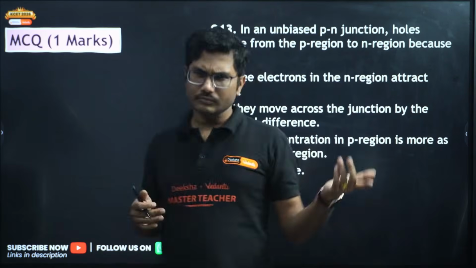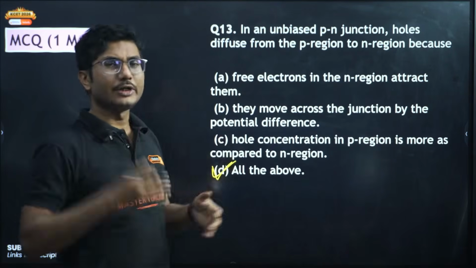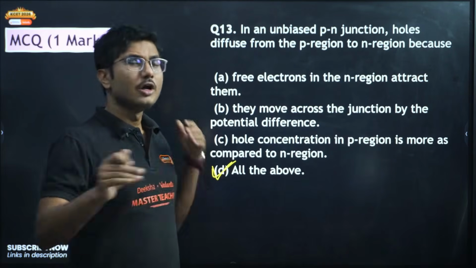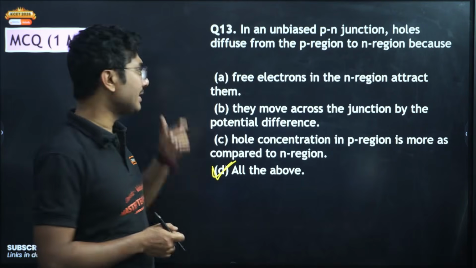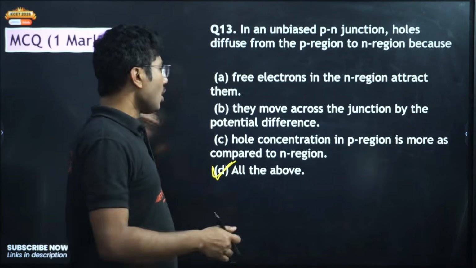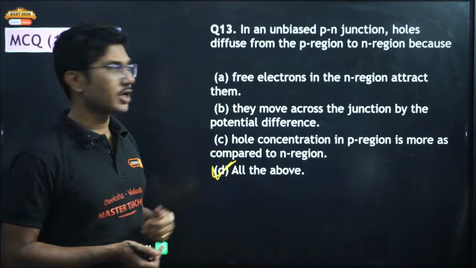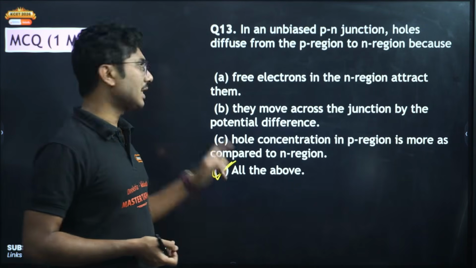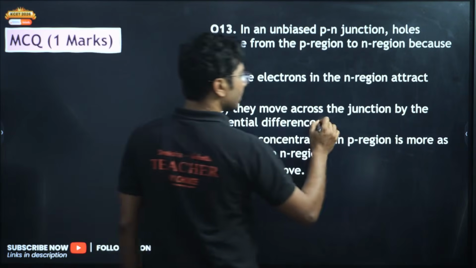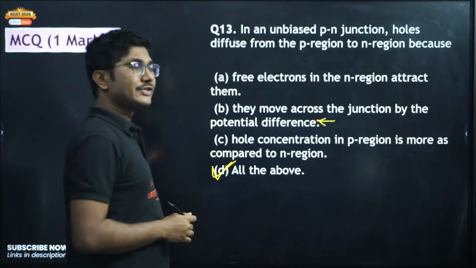Electrons started diffusing, so electrons also started coming towards the holes, so a potential difference developed, and that's why electrons started to move. Holes concentration in the P region is more as compared to the N region, that is also one of the reasons. So all of the above is the correct answer, even though I have some reservation about this.